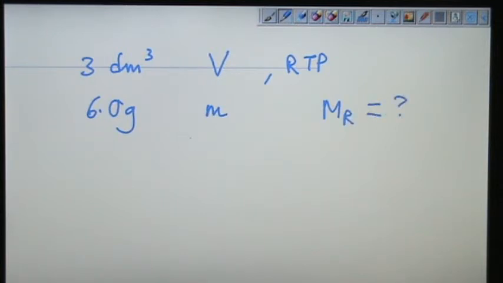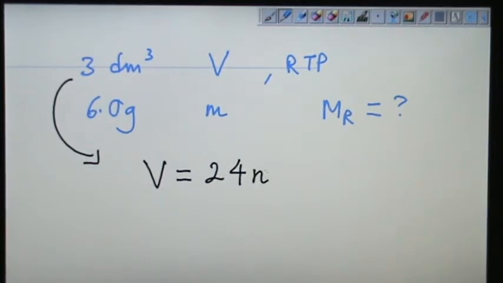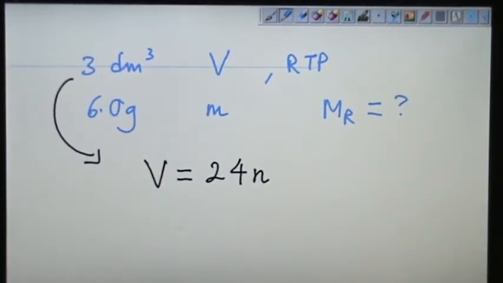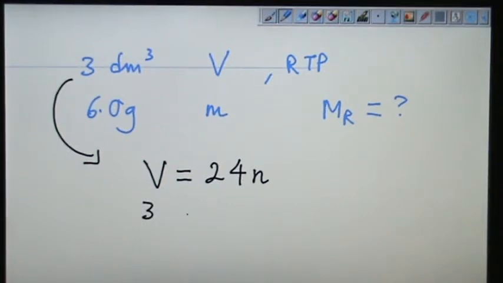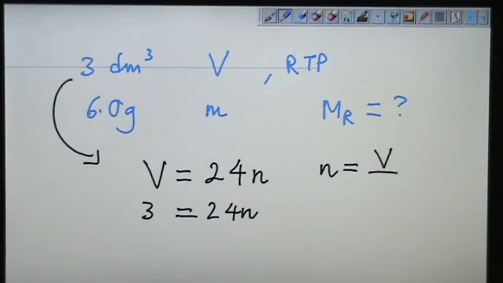Very simple. You start off with the 3 dm cube. Remember, at RTP, you have 24 times number of mole. Can you put 3 equals 24n? Sometimes you can start off with this also: number of mole equals actual volume over standard volume. Doesn't matter, both methods are acceptable.